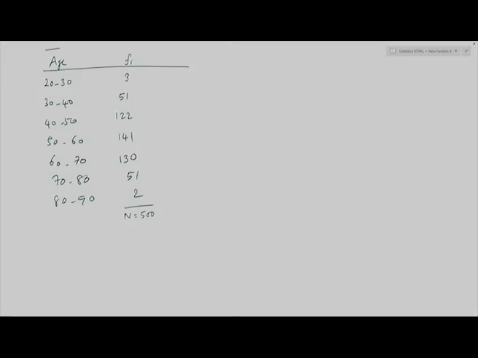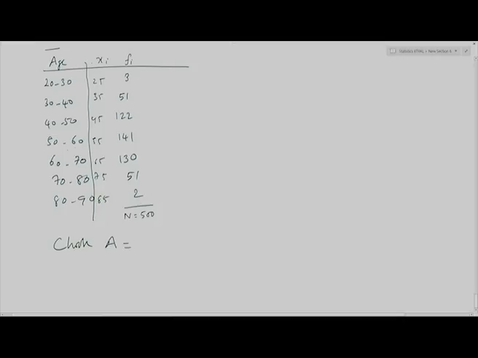We will see the distributions with large numbers. Let us find the mid values: 25, 35, 45, 55, 65, 75, 85. Now we have to choose a mid value for the transformation.